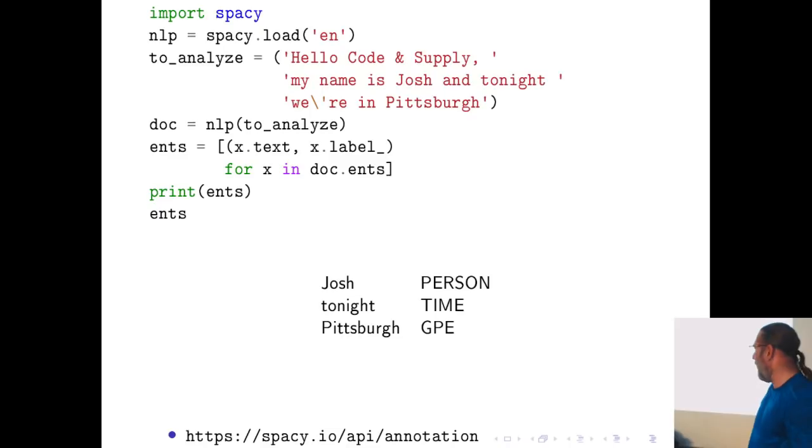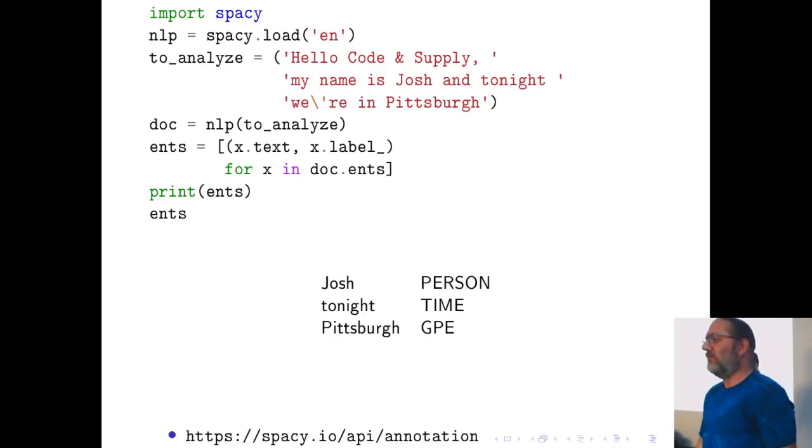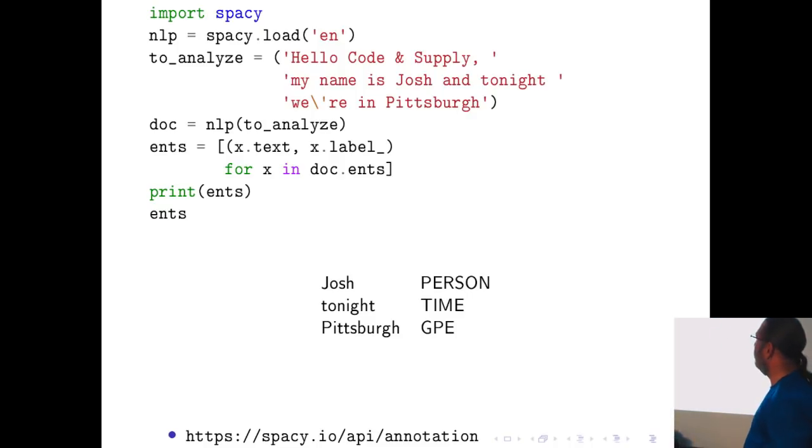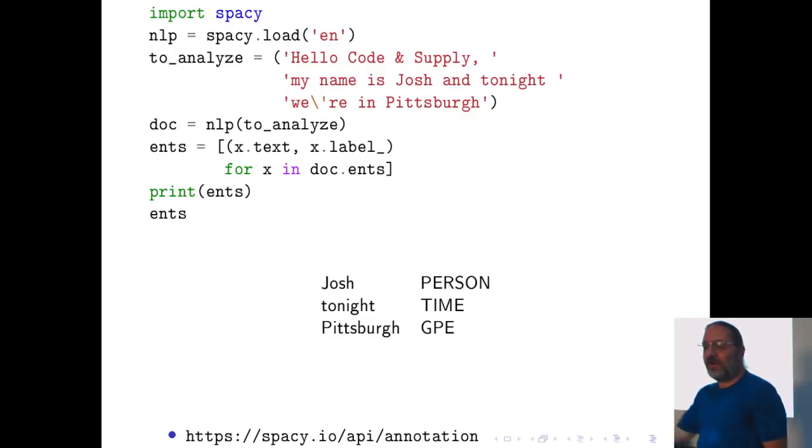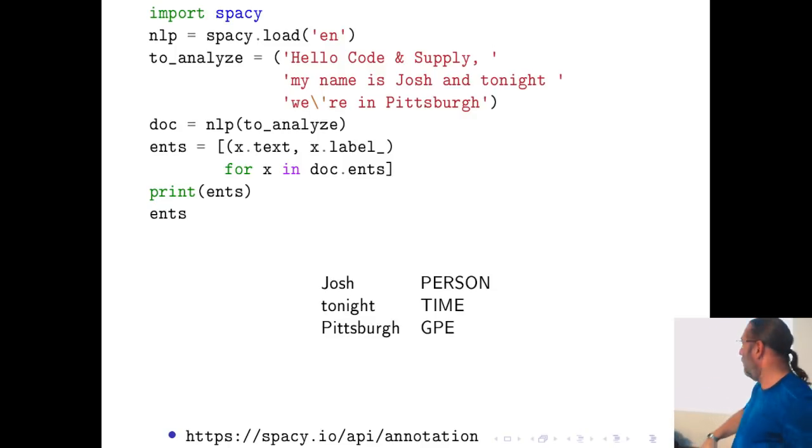One of the things about this kind of tagging is you'll notice what it didn't pull out. What's the most important entity in there that it didn't pull out? Code and Supply. We could train it to do Code and Supply. We're going to train it on something else. But that's where the pitfalls of entity recognition come in.